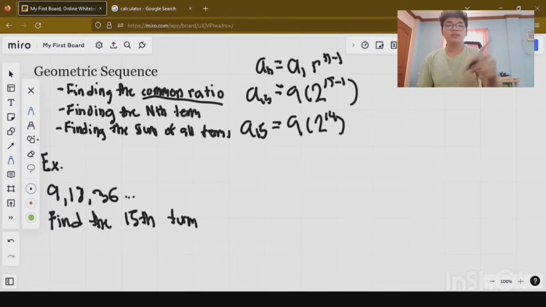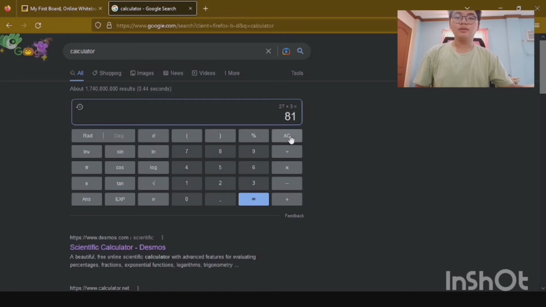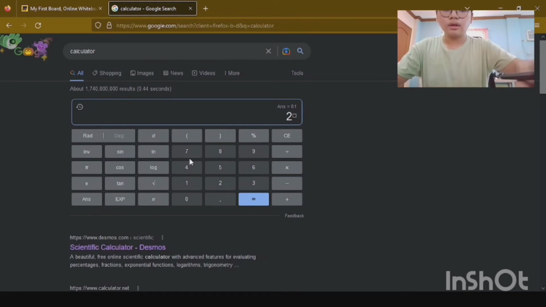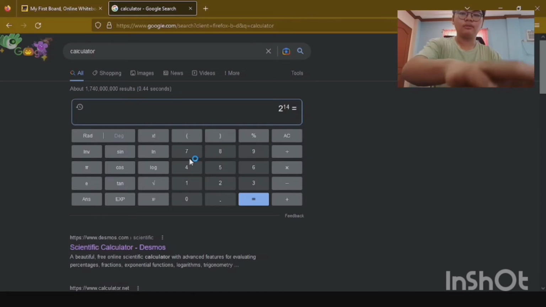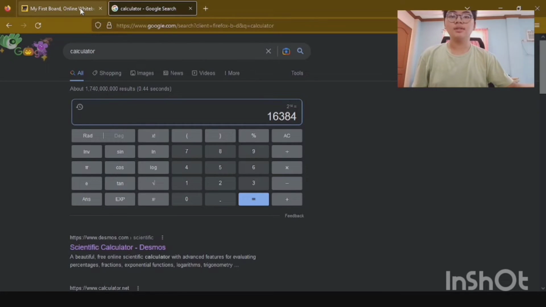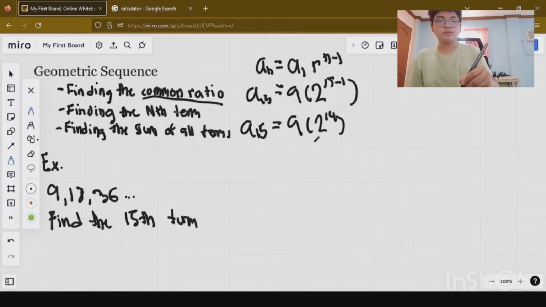Let's check that right now with our calculator in the other tab. 2 raised to the power of 14 equals 16,384.